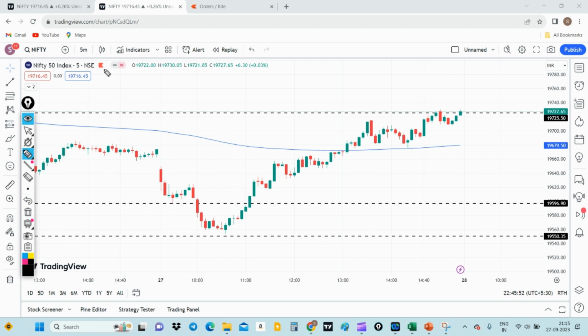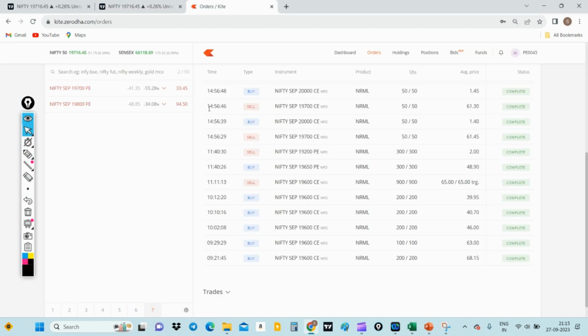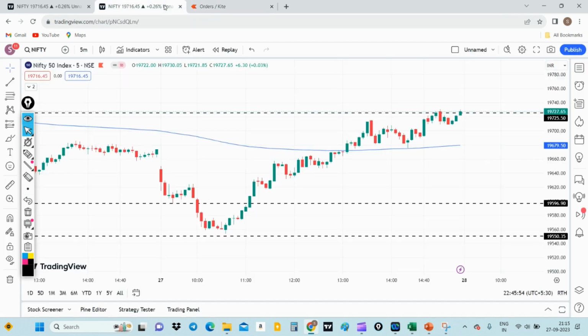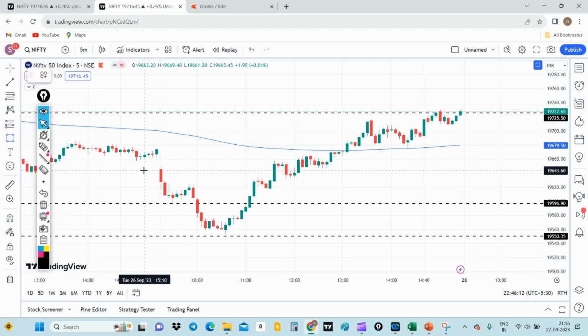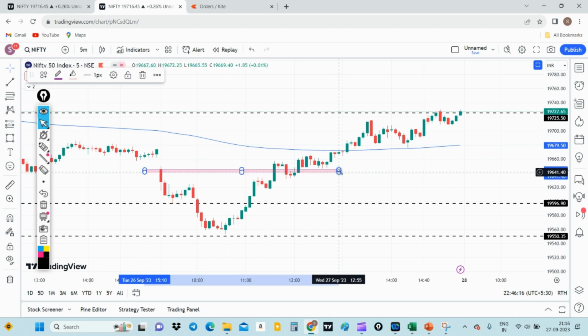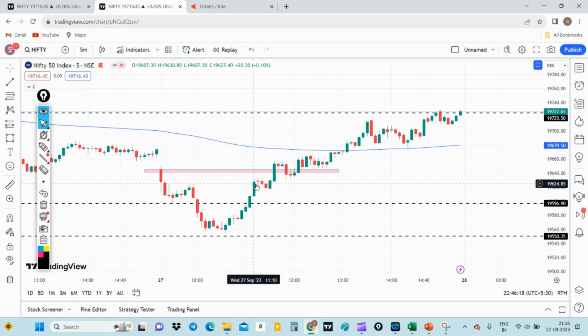My exit strategy during this trade: I made an exit at around 11:15. If you go to the 11:15 candle over here, you see there was a consolidation. Why I made an exit is that there was a resistance point happening at this point.